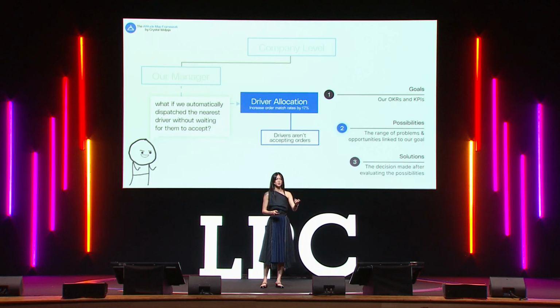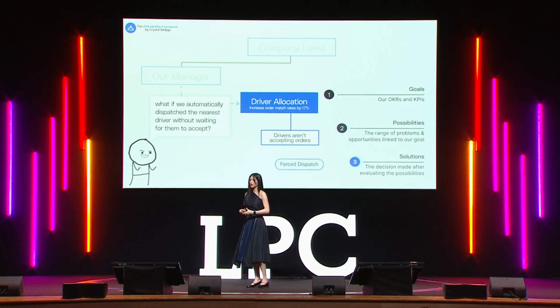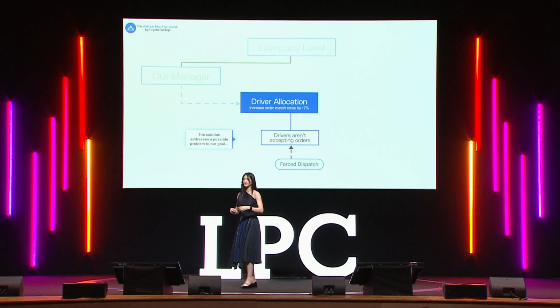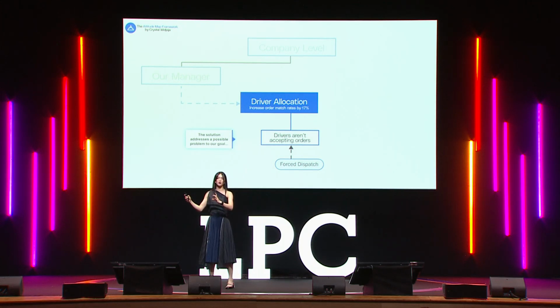And so, good thinking also considers whether or not this is the right solution for this possibility. Assuming that the solution of forced dispatch is the right solution for the possibility that drivers aren't accepting orders, let's evaluate. Yes, we can suppose that drivers aren't accepting orders and that makes up 100% of the problem.